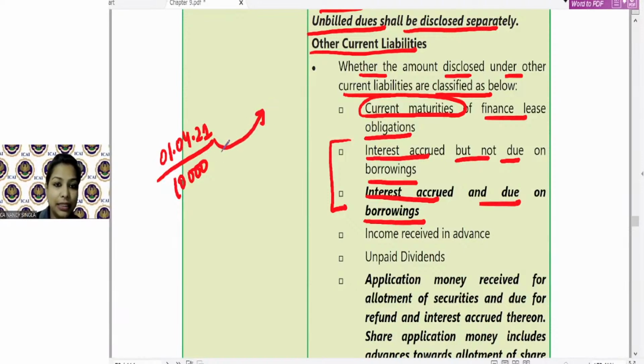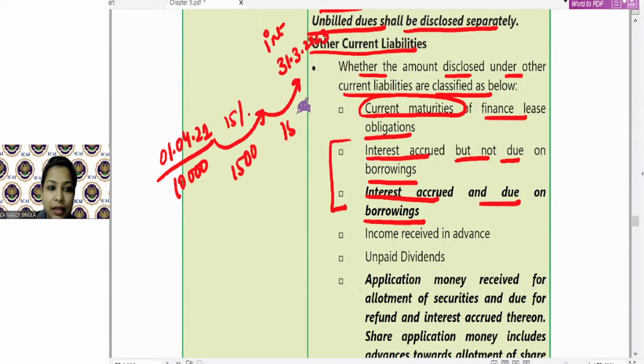And if it is payable on 31st March 2023 along with interest. So if 15% interest है, तो 1500 here. ठीक है? But the entire interest plus this 10,000 is payable when?